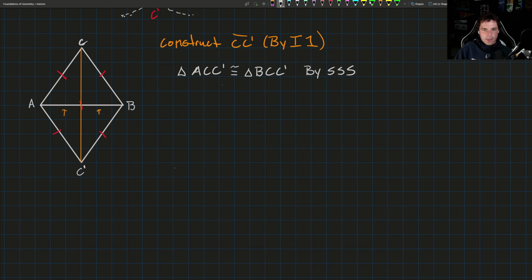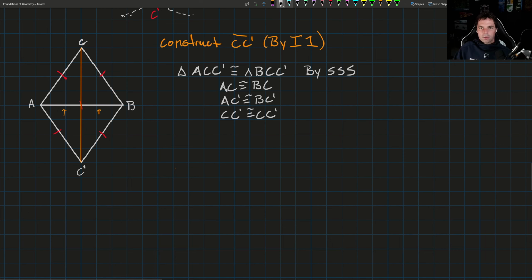So if we just write that down, we have AC congruent to BC, AC prime congruent to BC prime, and CC prime congruent to itself. And then these two triangles are congruent by SSS.